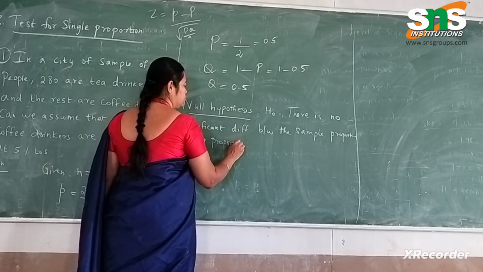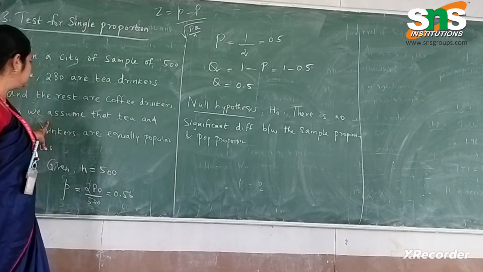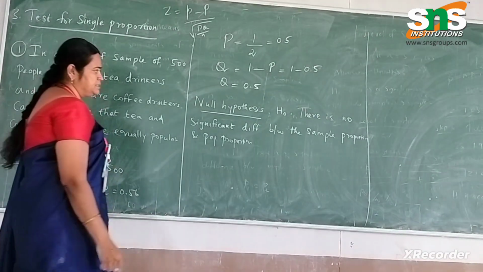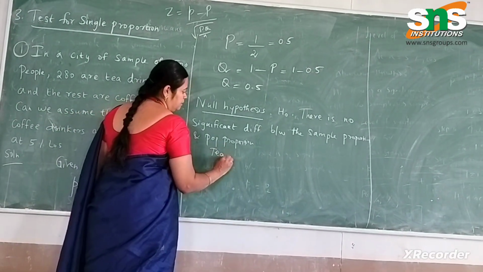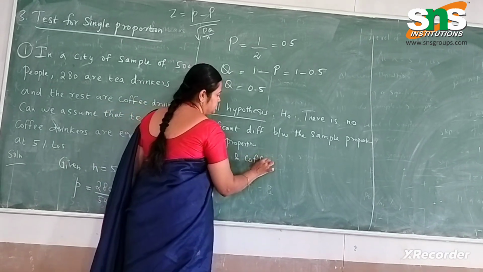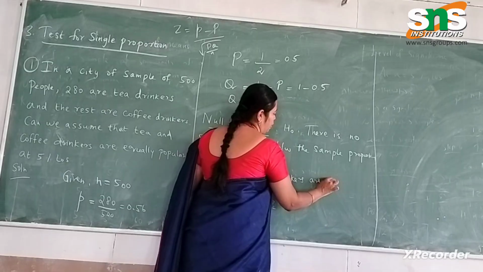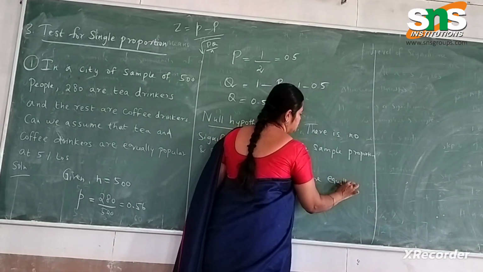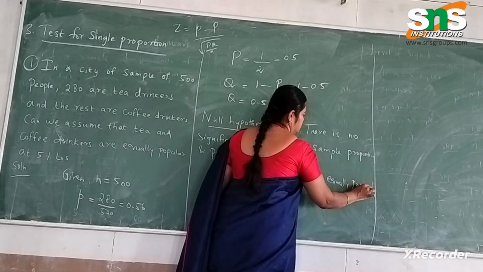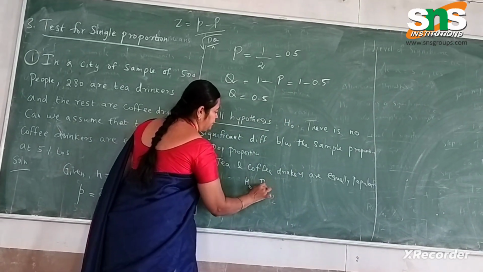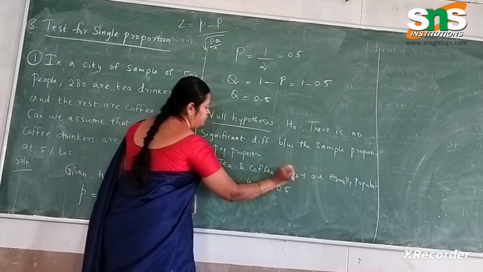Or you can also write it from the question. Here the question is whether the tea and coffee drinkers are equally popular, so we can easily say tea and coffee drinkers are equally popular. The notation is H naught: capital P is equal to 0.5.